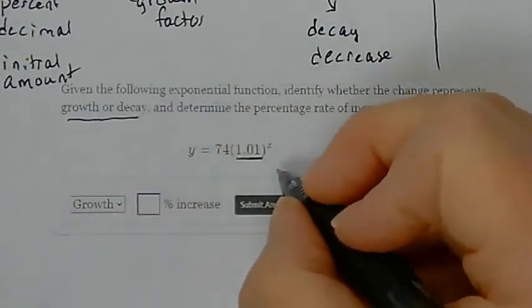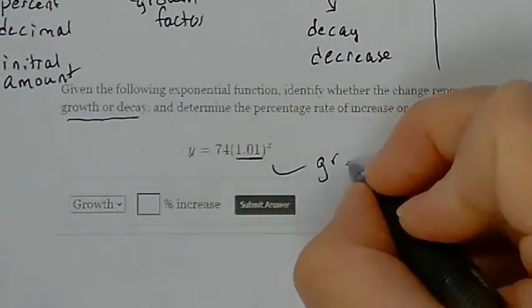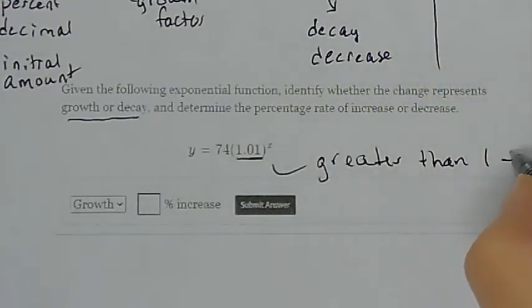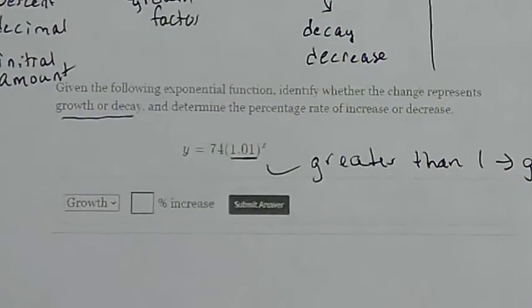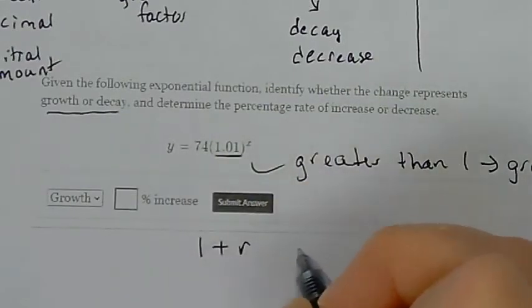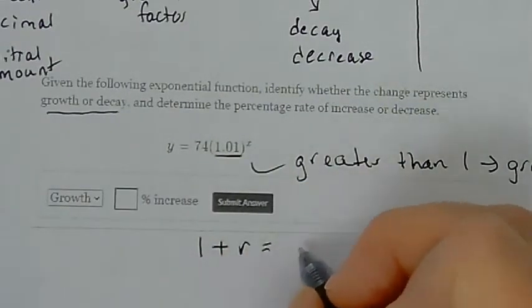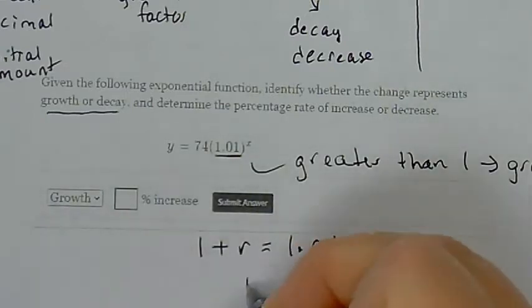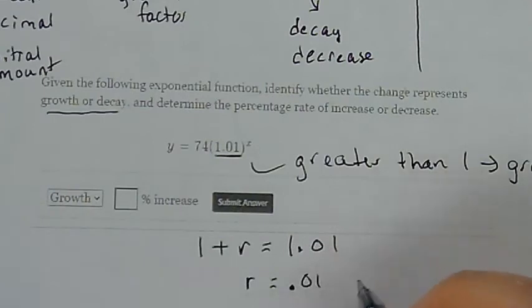And since this number is greater than 1, I know that I have a growth. So the growth factor is 1 plus the rate, and our growth factor is 1.01. So this means that the rate must be 0.01.